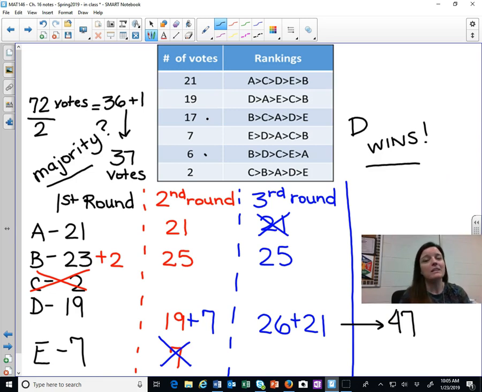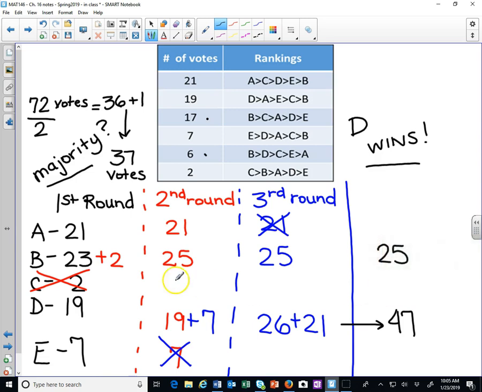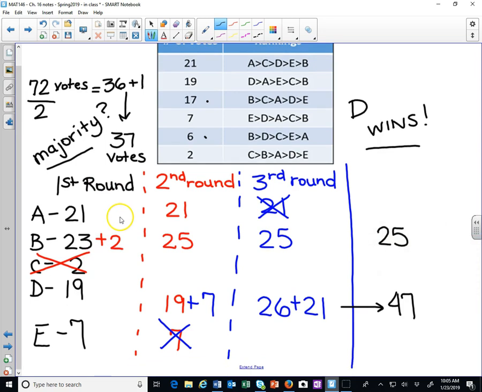But if they don't have a majority, then you do have to keep going until somebody gets a majority. Eventually, one of the options is going to have a majority. It may take you 2 rounds, it may take 7 rounds, depending on how many options you have. But eventually somebody will get a majority. So in the first round, nobody had a majority here.